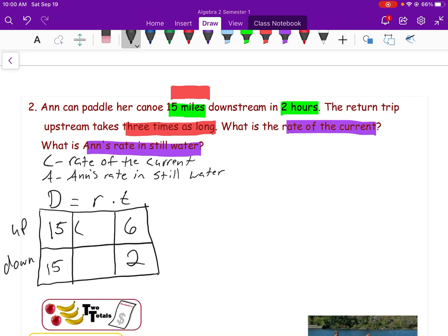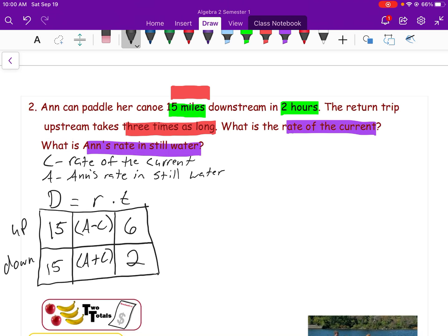So you have Anne's speed, and then that current working against you, slowing you down, so we need to subtract the rate of the current. And just the opposite when going downstream: you have Anne's speed, and then the current is speeding you up.